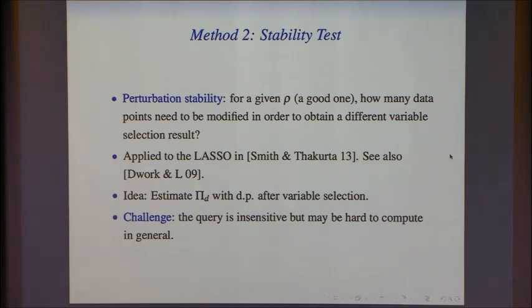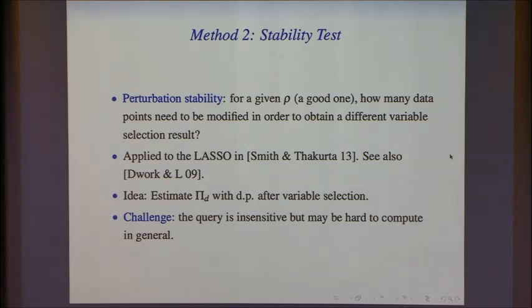Well, the nice thing I liked about the PCA problem is you can attack it from different angles. The structure is so nice. The other method is to use the stability test, right? The perturbation stability in a paper by Adam and Abradeep. So we want to test how stable the variable selection result is.